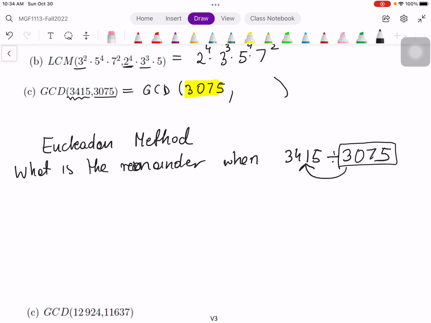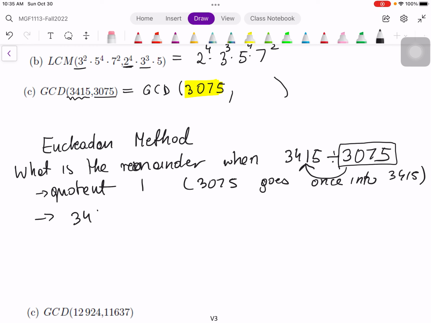It's the biggest possible multiple of 3,075 from that number. Here we see that 3,075 fits only once, so the quotient is 1.